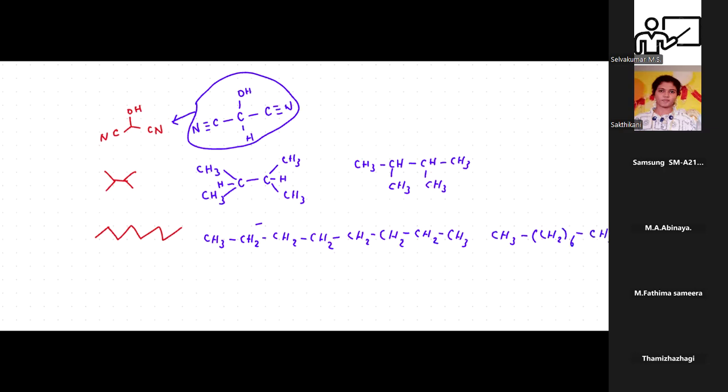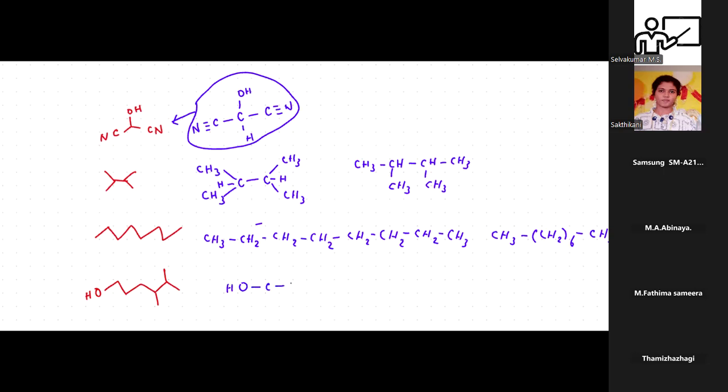And another molecule, with OH. What is this molecule? So OH is attached to a carbon, which is attached to another carbon.